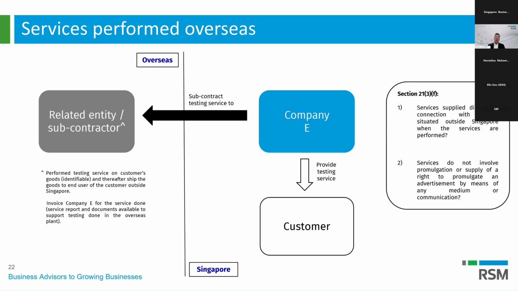In this case, company E is not providing any advertising related services to the customer, it is providing a testing service. So if you look at section 21.3F, you will satisfy these two conditions, and zero rating would apply when company E raises that invoice.